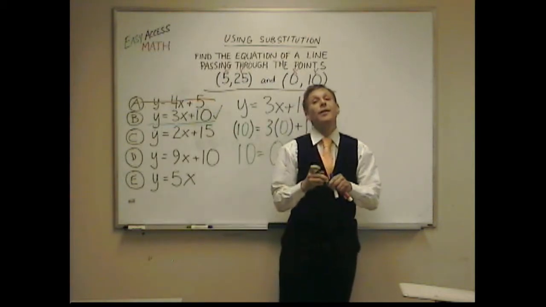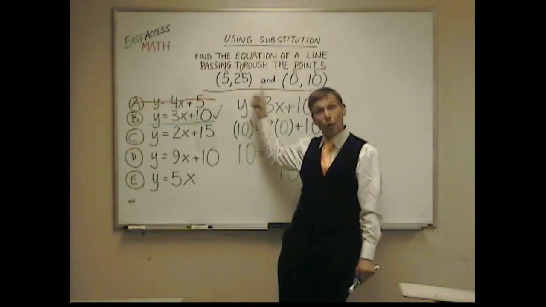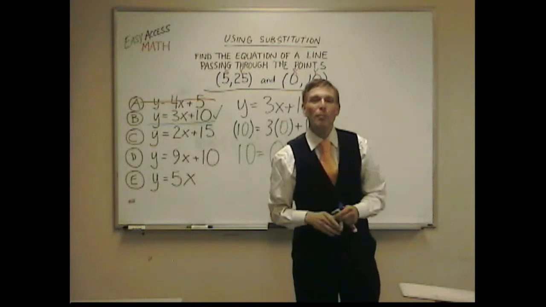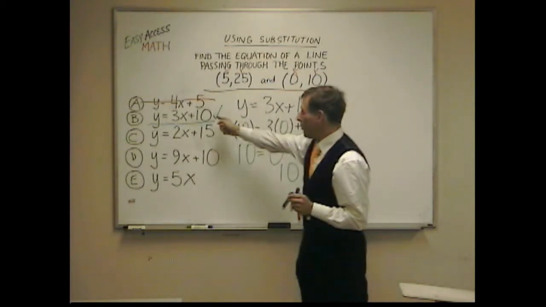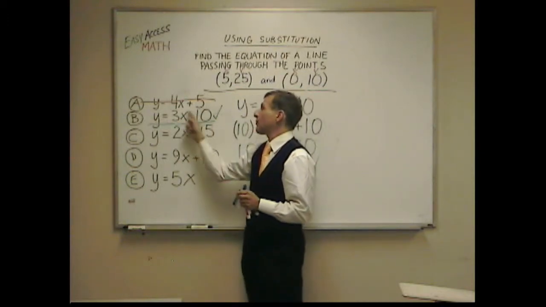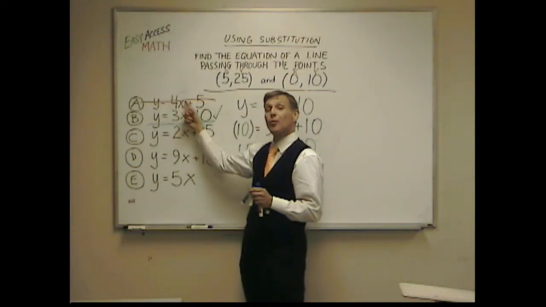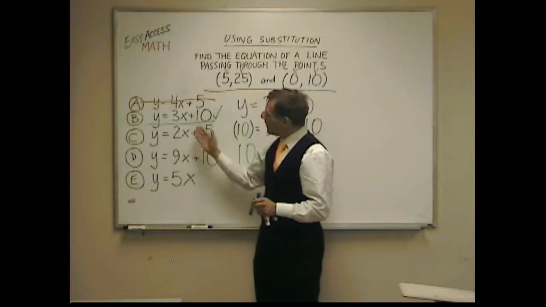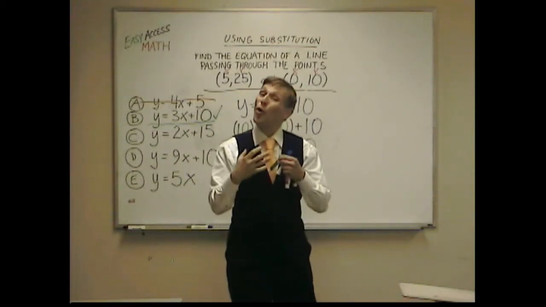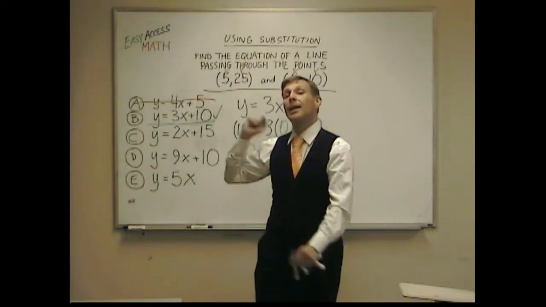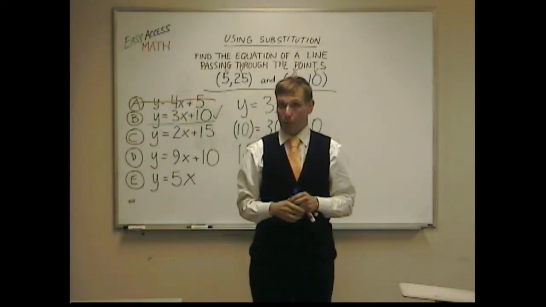It worked for both sets of points, both coordinates, both sets of x and y worked for this equation. It equaled on both sides. This one only worked for one. This worked for both. You can test out C, D, and E. It may work for one or none, but only B worked out for both.